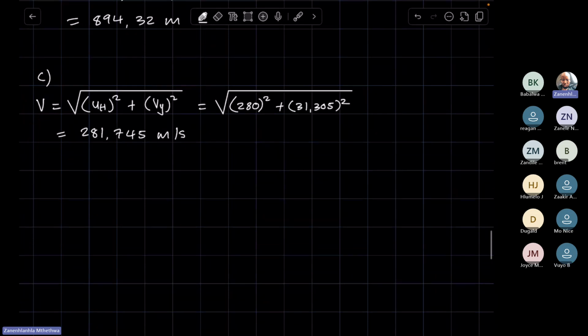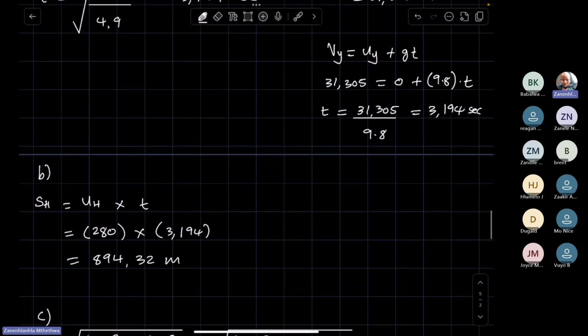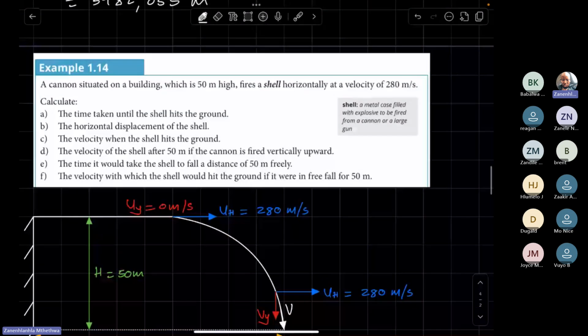All right, let's look at D. The velocity of the shell after 50 meters if the cannon is fired vertically upward. See, now the scenario changes. Now they want us to calculate the velocity of the shell after 50 meters.